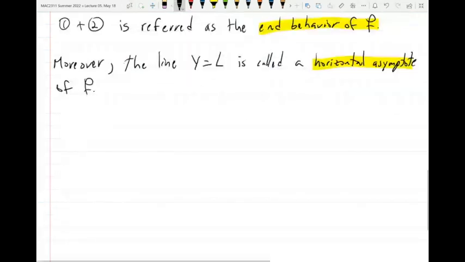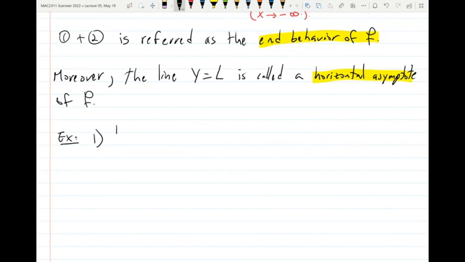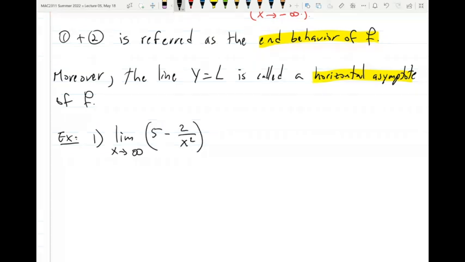Okay, so let's see some examples. Let's do some easy examples first. Let's do the limit as x approaches infinity. When I say infinity, it means positive infinity. Of 5 minus 2 over x squared.